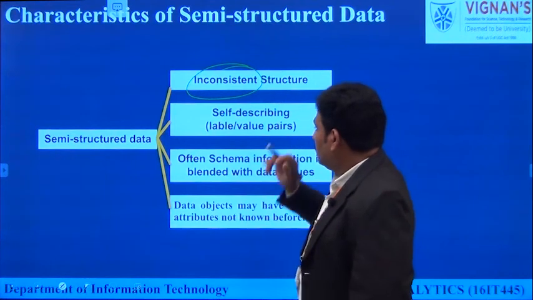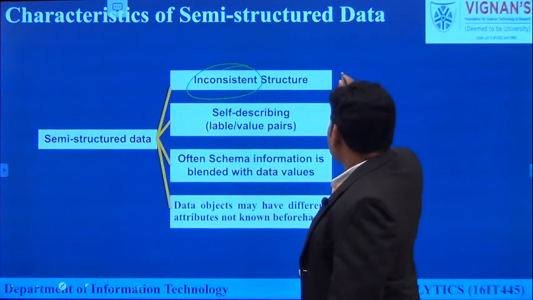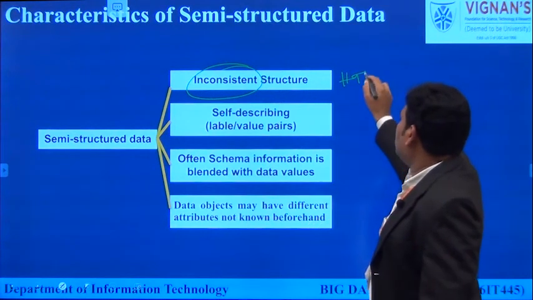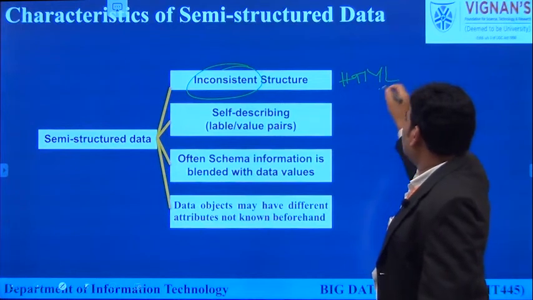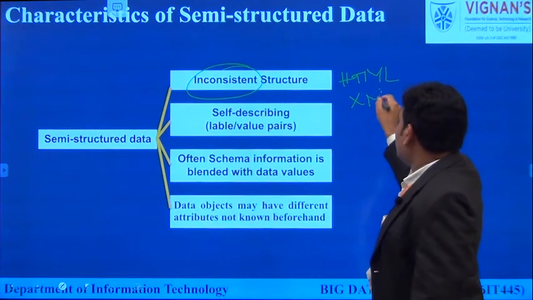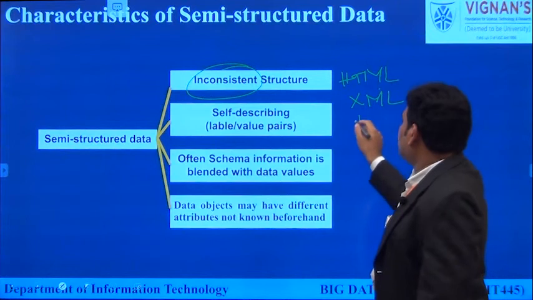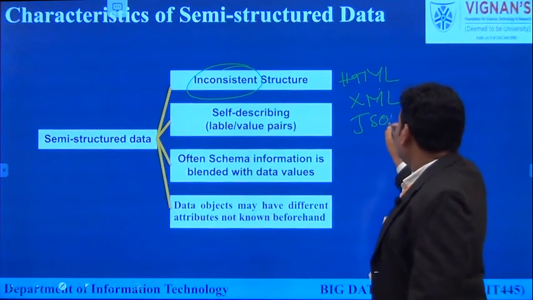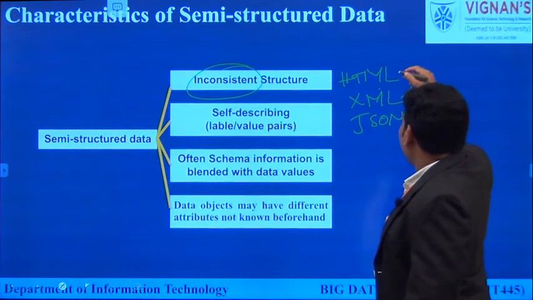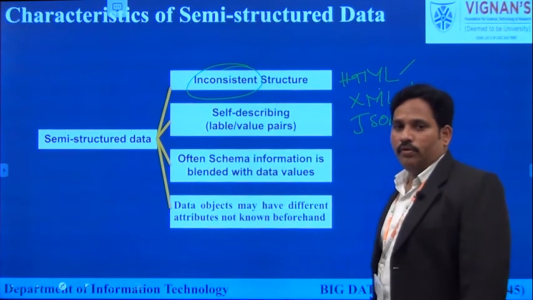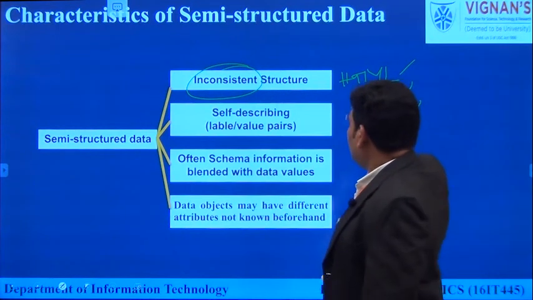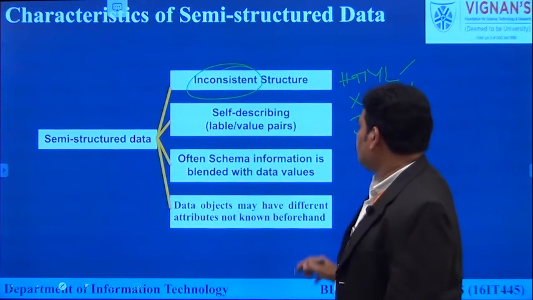But in markup languages, HTML has its own format of writing tags, XML has its own format, and JSON has its own format. Even though all three are markup language web programming tools, they are different from each other.